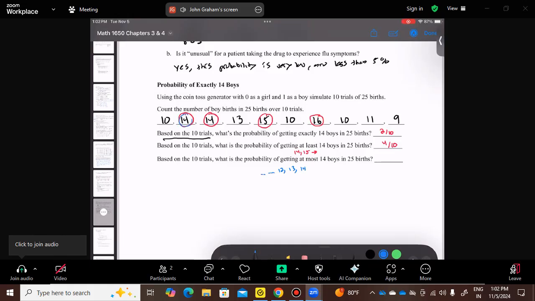It happens the 2 times, and then 3, 4, 5, 6, 7, and 8. You have 8 out of 10. Right, so you can write it as a fraction, or you can write 20%, 40%, and the last one being 80%.